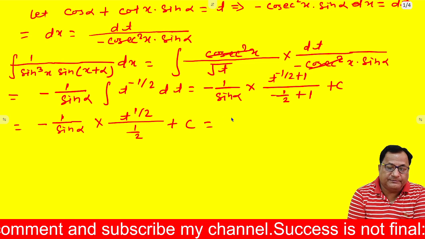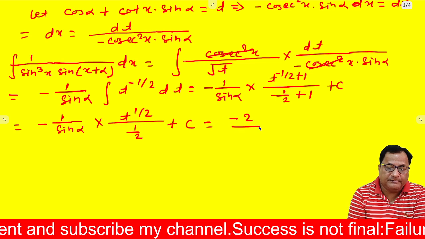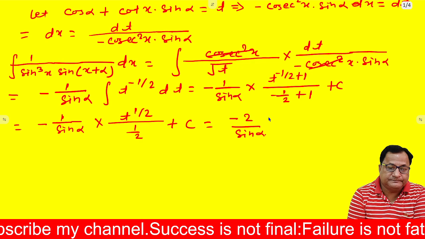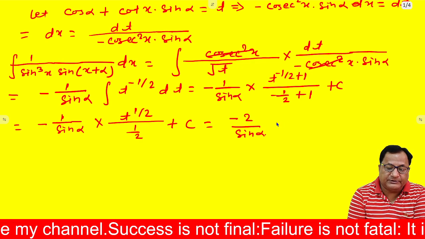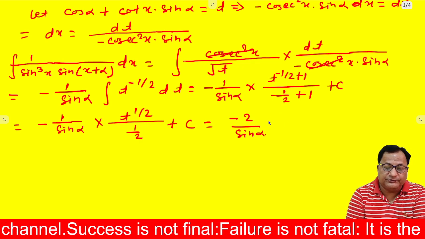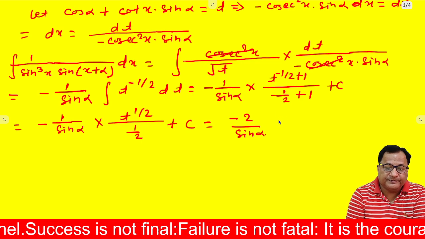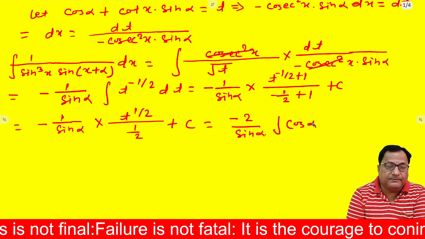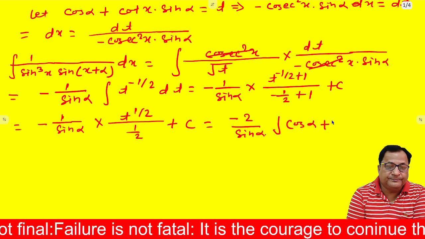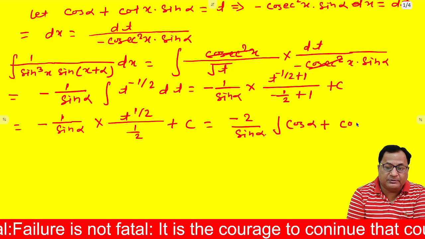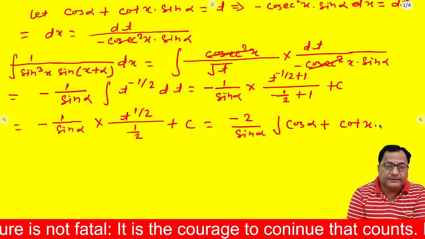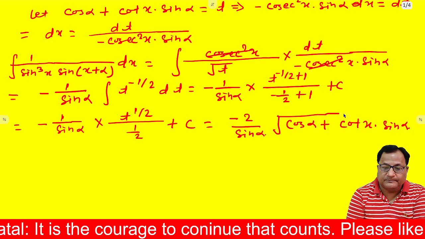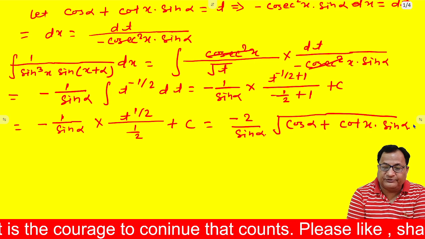So this will be minus 2 by sine alpha t to the power 1 by 2. We will put value t is equal to cos alpha plus cot x into sine alpha plus c.